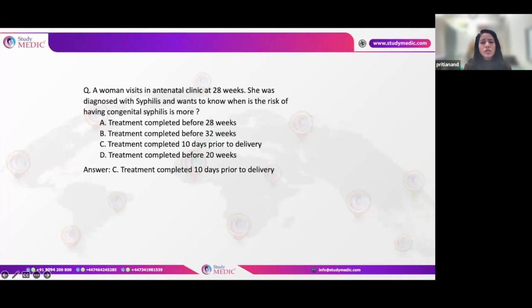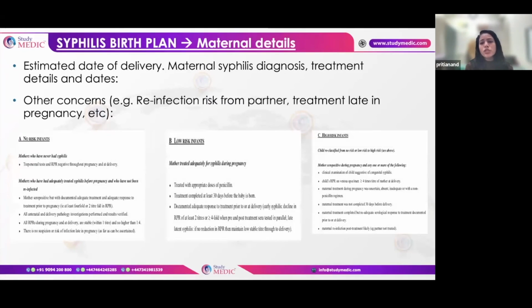I've seen that sometimes there is a question, and it is very important to know, if the patient suffers from syphilis in pregnancy, how much is the risk to the baby? The risk category, basically, they divide the baby into no risk, low risk, and high risk. If the mother has received treatment for syphilis well before she got pregnant, mothers who have been adequately treated for syphilis before pregnancy and have not been reinfected carry no risk for the infant.